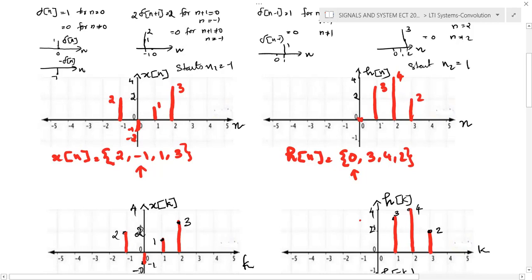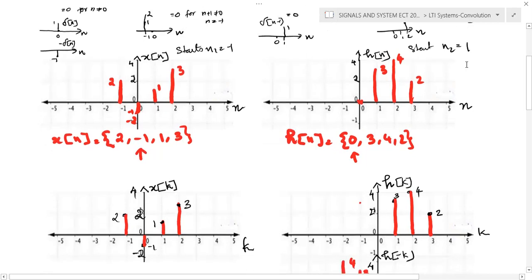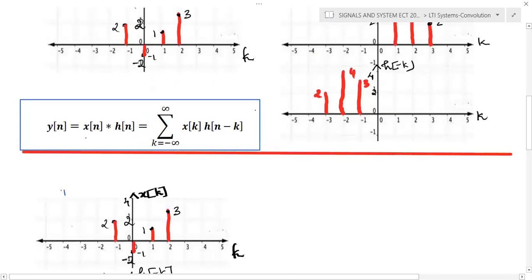We'll consider only non-zero magnitude, that's why we are taking 1. Now we have -1 and +1, and if you know these two quantities, y of n will start from n1 plus n2, that is -1 plus 1, that is 0. So we need to evaluate y of n from 0 onwards.